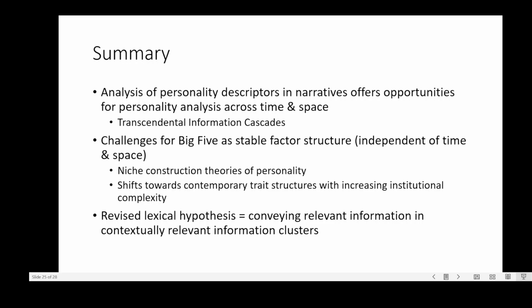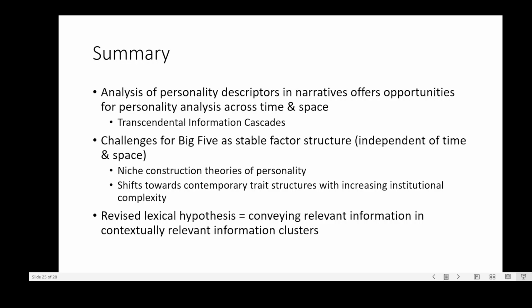At the same time, though, if you think about the Big Five, for example, there are challenges for the Big Five as kind of for the assumption that there is a relatively stable structure that is independent of time or space. At the same time, though, I think these findings, in particular the findings for the Gilgamesh story, are consistent with recent niche construction theories of personality, which assume that what is conveyed within, for example, narratives needs to fit in the specific institutional, social, economic context, right?